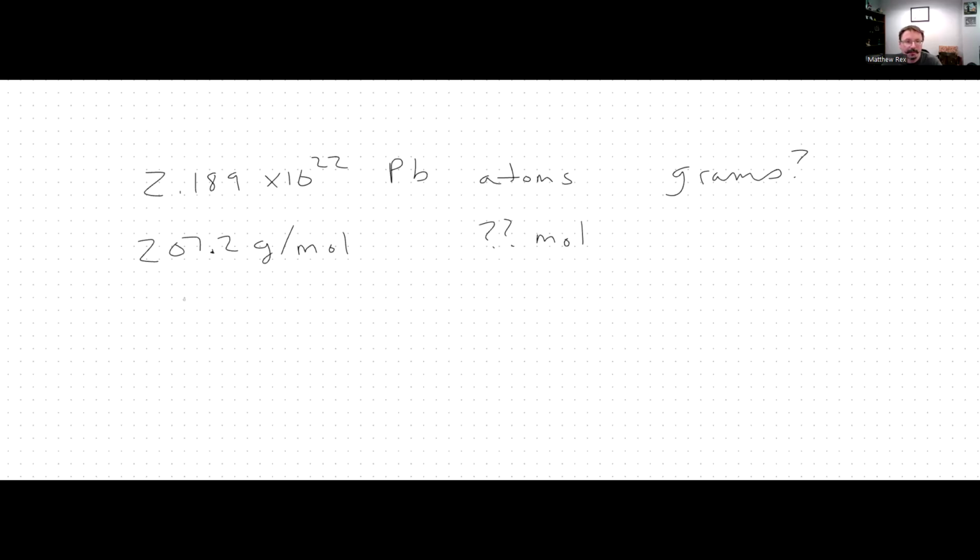And to do that, I'm going to take the number of atoms that we have and divide by Avogadro's number. And that's going to tell me, how many moles do I have? Do I have 1 mole, 2 moles, a half a mole?